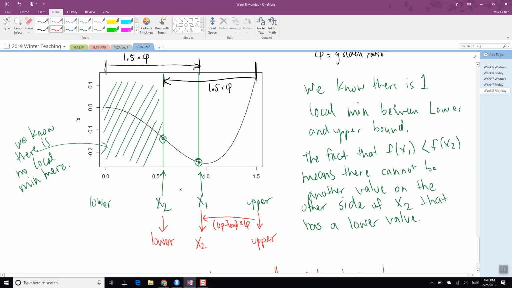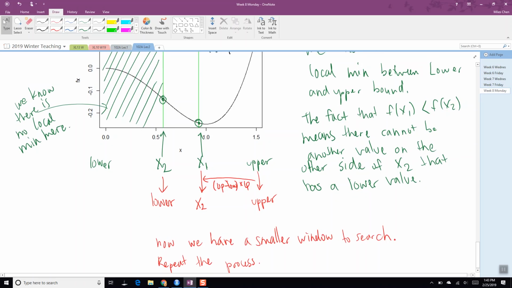So whatever distance we have between the new lower bound and the new upper bound, if we multiply that distance by phi, that will take us exactly to this location that we've already computed before.